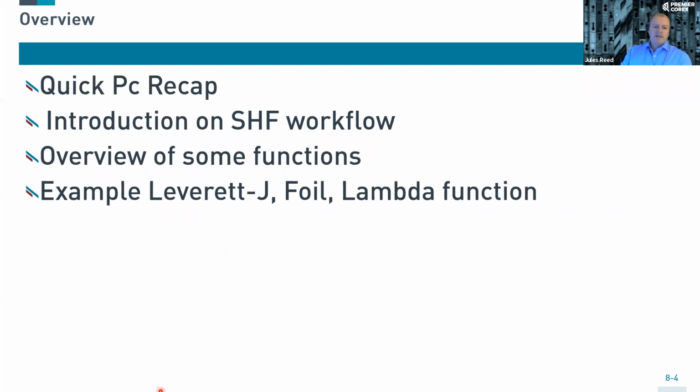And then we'll look at a specific example of a quality control process, and Leverett-J, Foil and Lambda functions in particular, on one set of data. So that's what we're going to look at as we go through today.